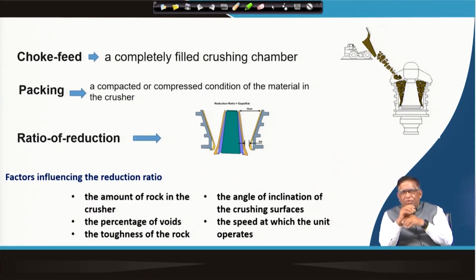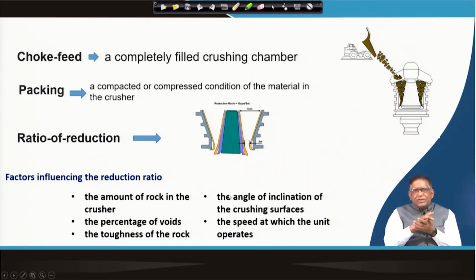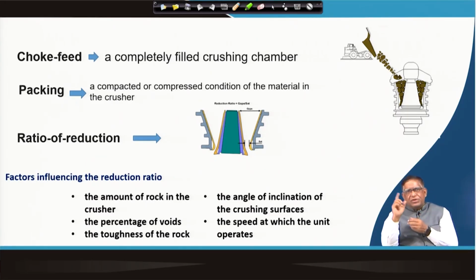So, in-between voids come, and depending on that, the reduction ratio as well as the energy will be affected. The toughness of the rock will also affect your selection of the reduction ratio, and so will the angle of inclination, exactly what angle you are keeping in the gyratory crusher or jaw crusher, and also the speed at which the operation is going on.